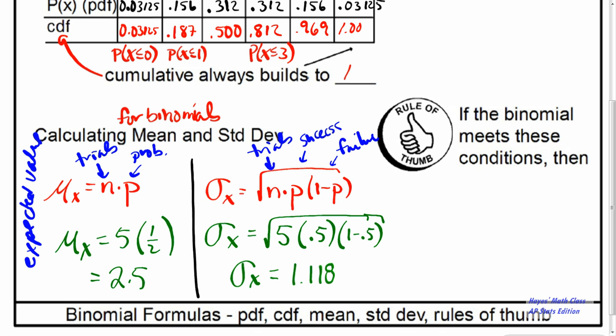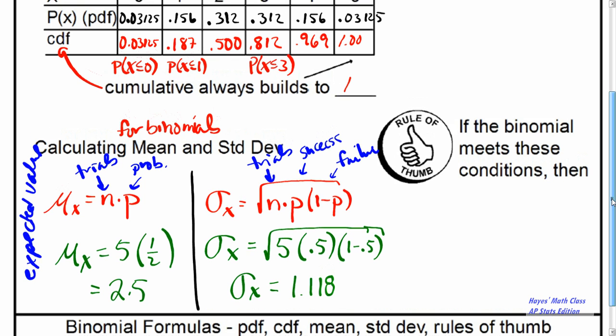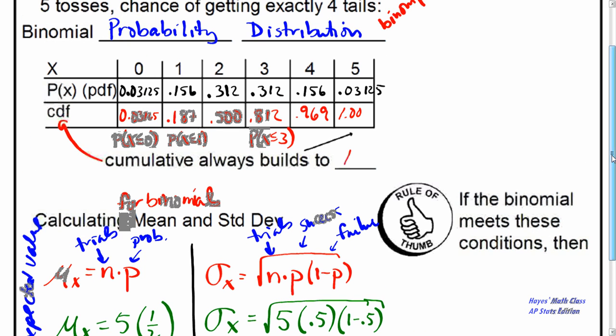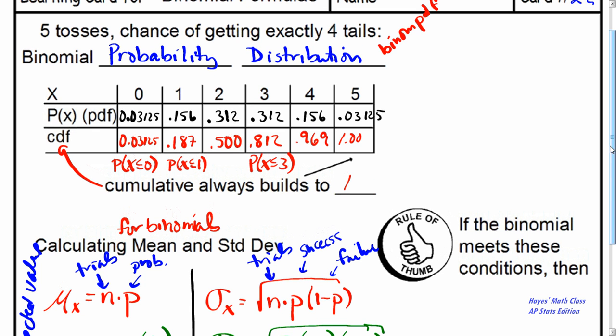Now this rule of thumb is going to set us up for what we're doing next chapter. There are 2 conditions. You're going to look at n times p, and it should be greater than or equal to 10.